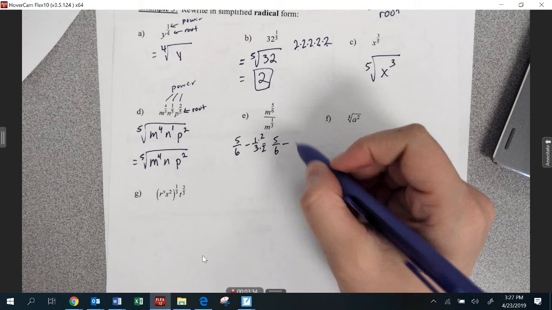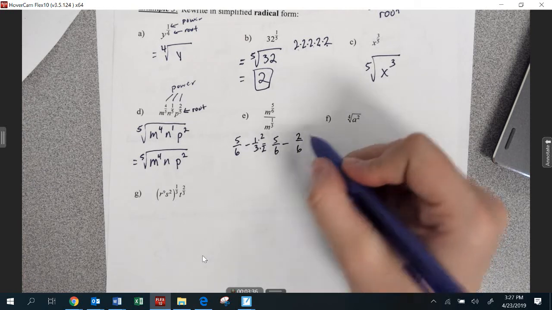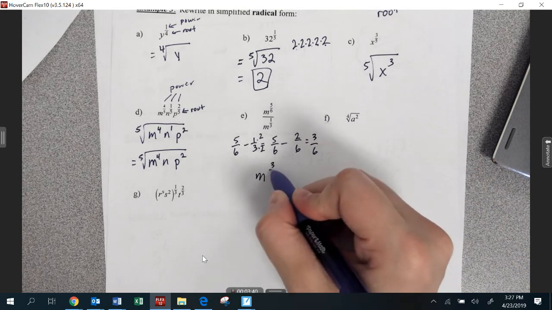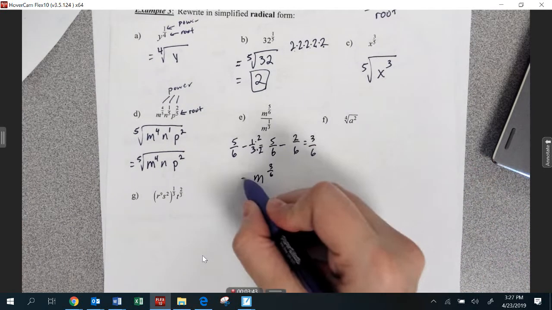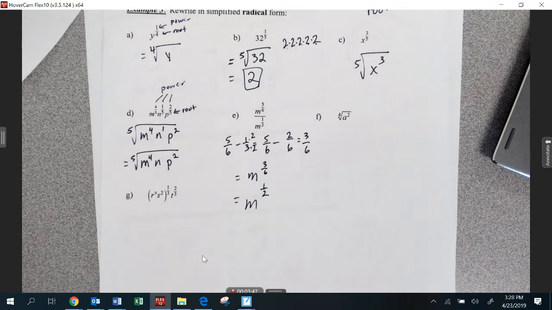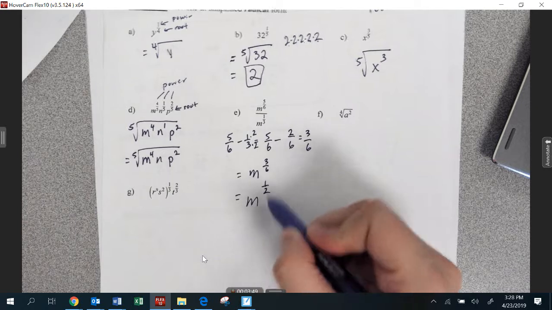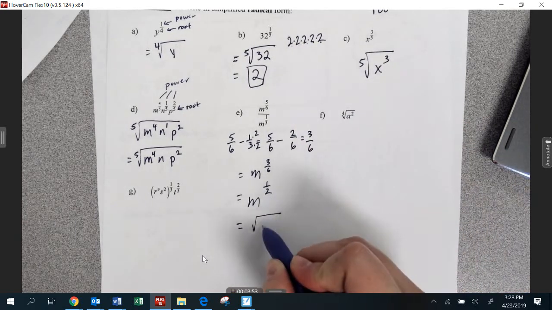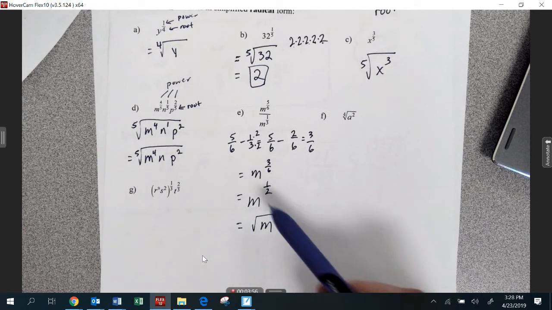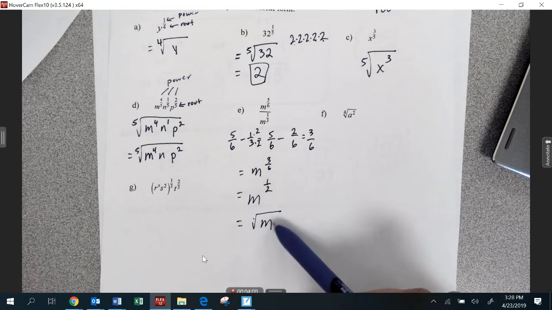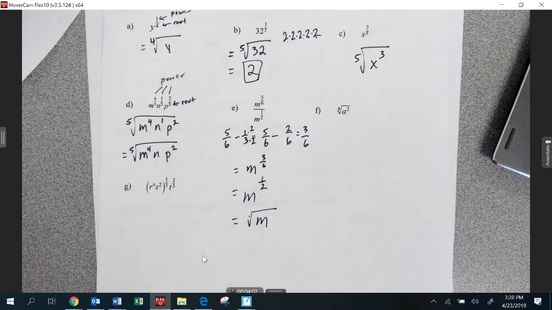So I could think of this as 5/6 minus 2/6, which would get me 3/6. So that would be m to the 3/6. Well, that, of course, can be simplified down to m to the 1/2, which can then be rewritten in simplified radical form, the square root of m. And again, I'm leaving off the 2 since it's implied to be a square root, and I'm leaving off the 1 since that's implied to be the power there.